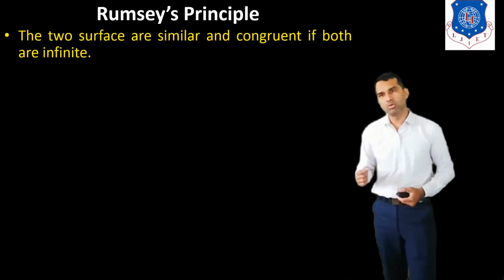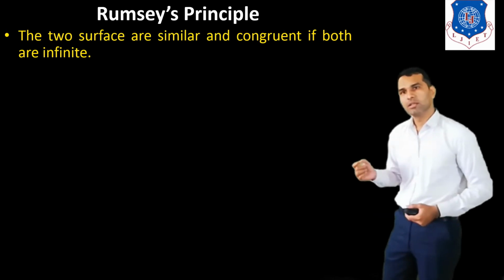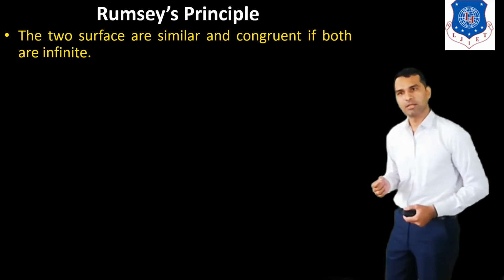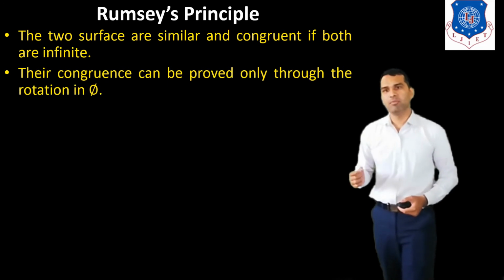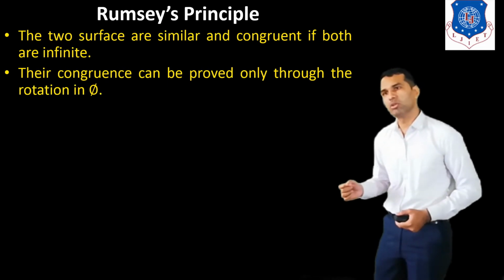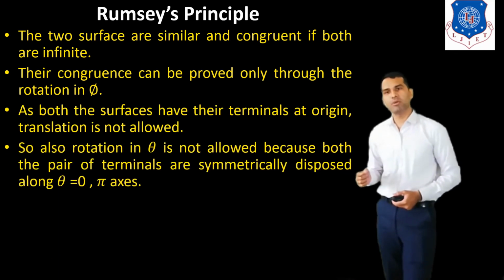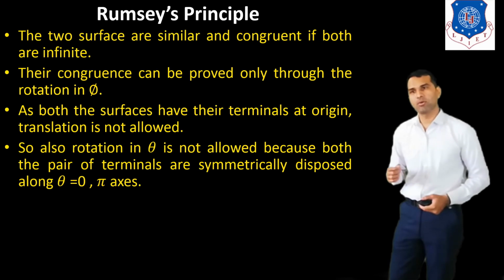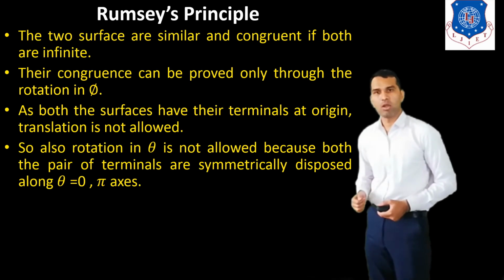Now the two surfaces are similar and congruent if both are infinite. Their congruence can be proved only through the rotation of φ. As both the surfaces have their terminal at the origin, translation is not allowed.